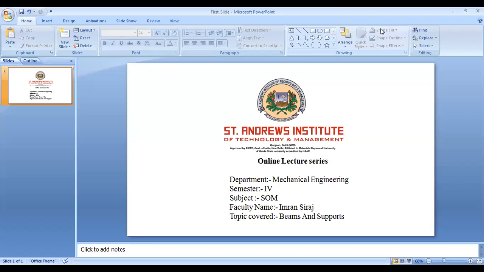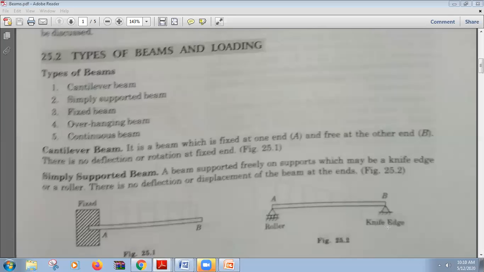So we can see here beams. Beams are basically horizontal components or horizontal elements of an infrastructure that are used to transfer or uniformly distribute the loads.